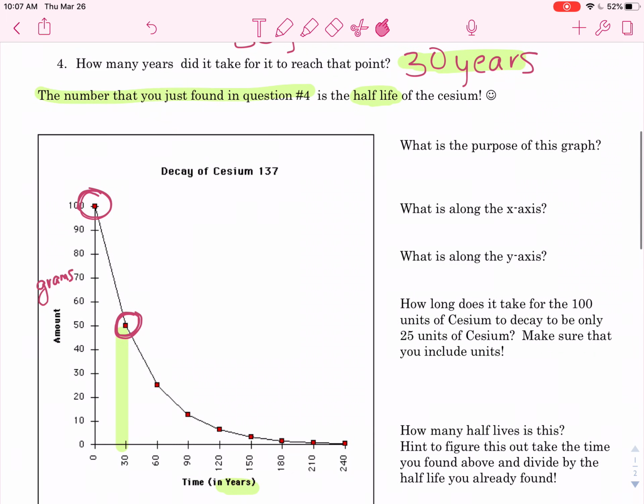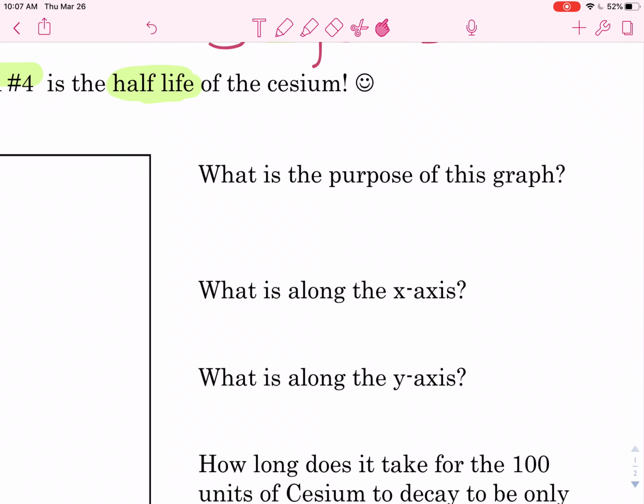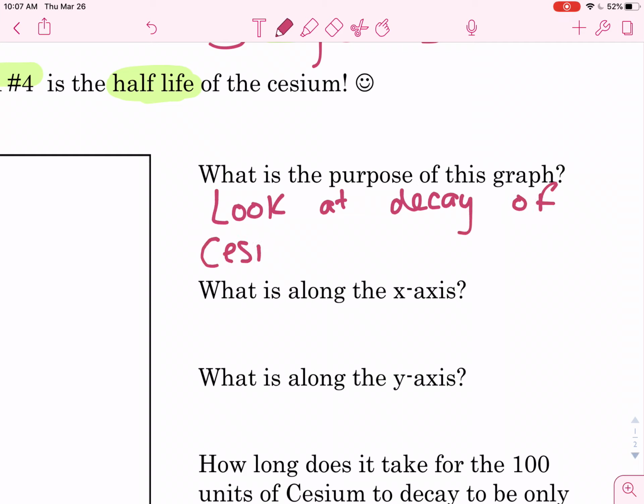So let's answer these questions here. What is the purpose of this graph? The purpose of this graph is to look at the decay of cesium over time.